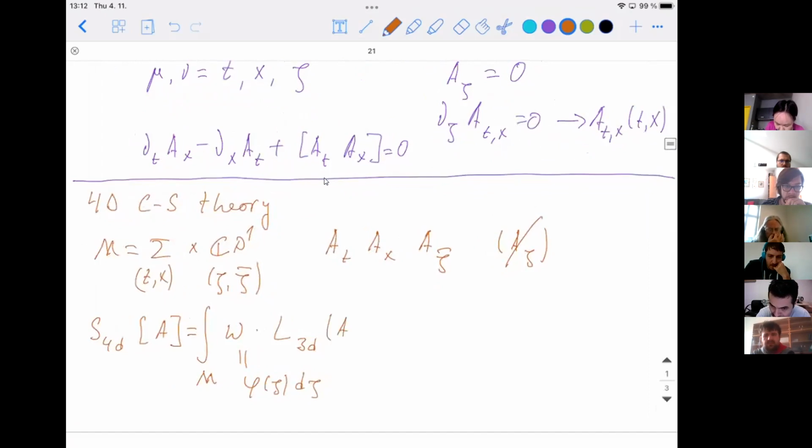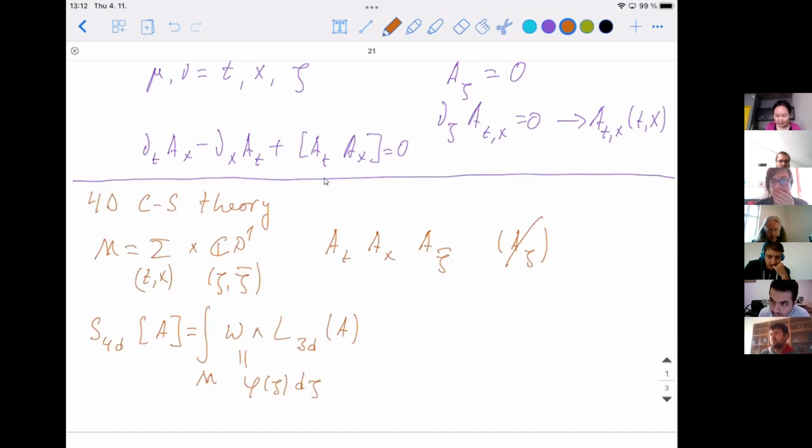There should probably be a wedge between the one-form and the three-form, right? Yes, often we don't write the wedges. Okay, implicitly.